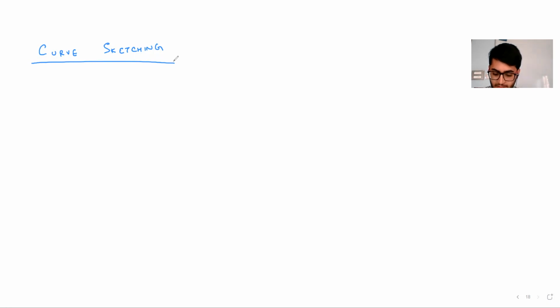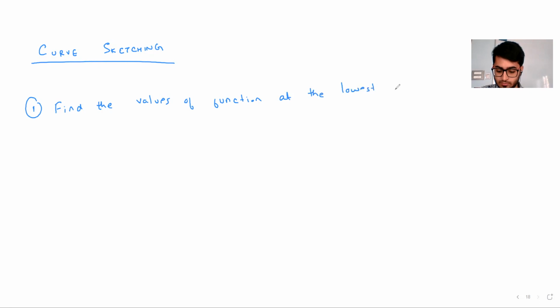So these are the various steps. The first step for curve sketching is to find the values of the function at the lowest and highest possible value of x.